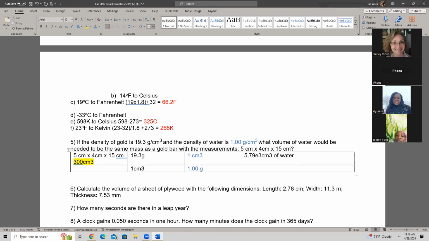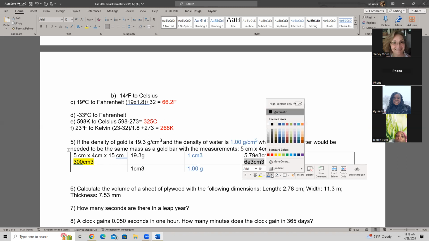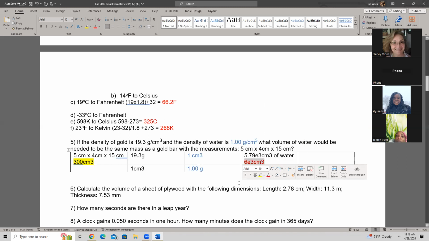But sig figs, it says 6 times 10 to the third, centimeter cube. Why does it do that? Because we only have one sig fig here, and we really ended up with just one sig fig in our answer too. So one sig fig dictates how many we have. The actual answer is 6,000. And remember, I'm putting the answers in red.